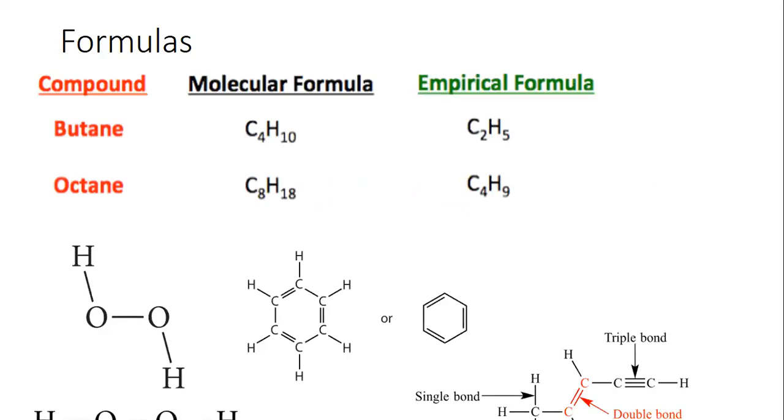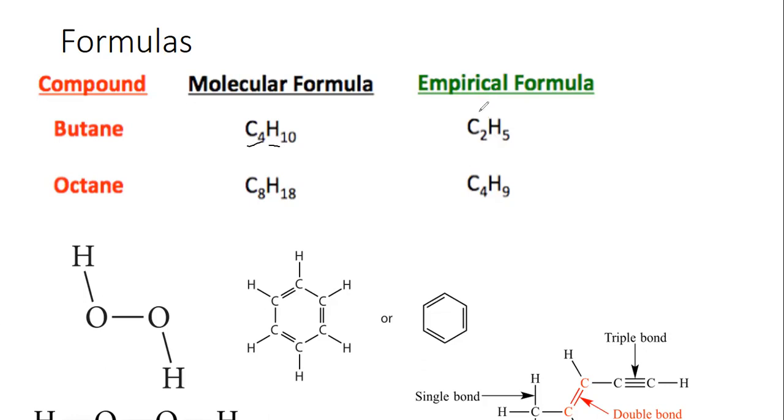And we're going to go back to formulas now. And we already talked about our different formulas in a previous PowerPoint. What we're going to focus on now for this upcoming problem is molecular formulas and empirical formulas. And remember, the only difference between these two is that the molecular formula numbers every single atom in the molecule, while the empirical formula is just a ratio.